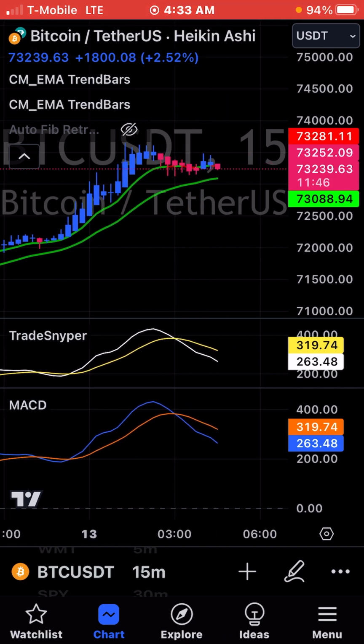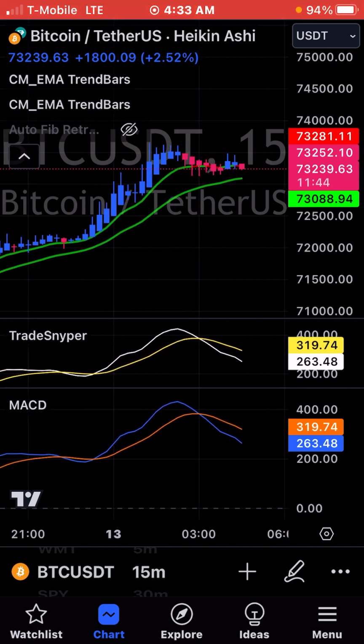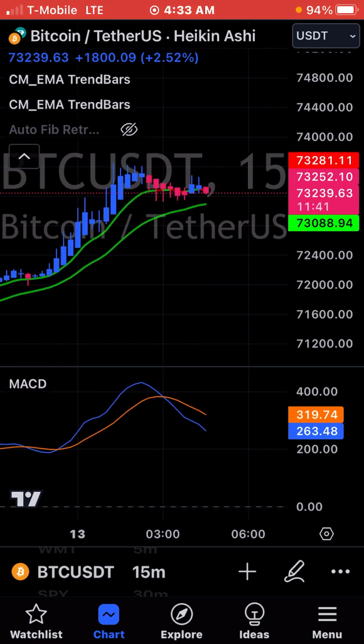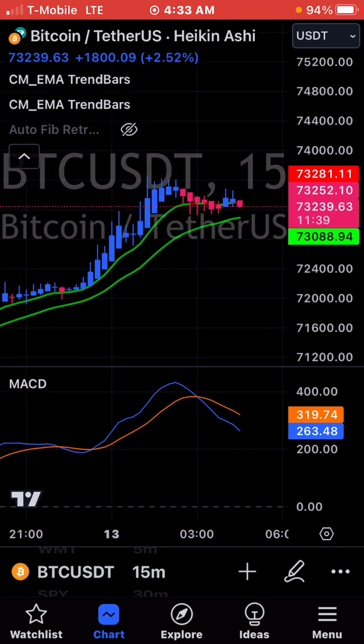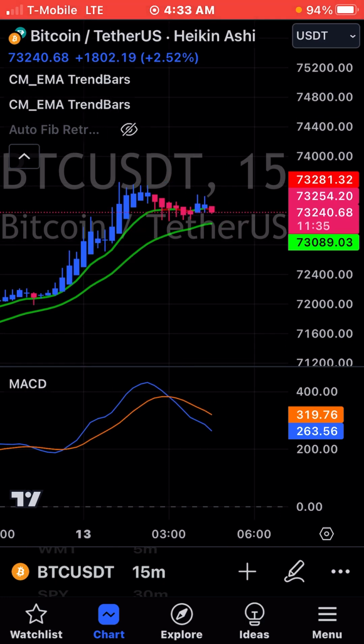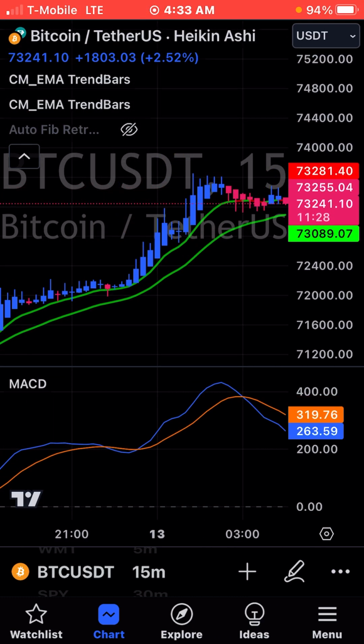It's the same thing. In fact, I'll just remove Trade Sniper for now because it's pretty much the same. So load your MACD, and you just look for moments when it's crossing up, because that's the overall trend. So let's look at moments where that happened.